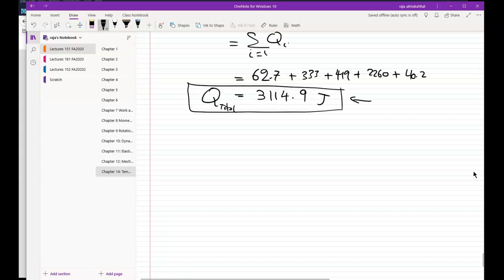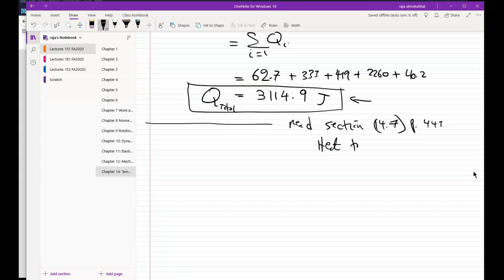Heat transfer. Specifically, go to example 14.10. Read section 14.7, page 443. Okay, heat transfer. I'm going to go over it very quickly.